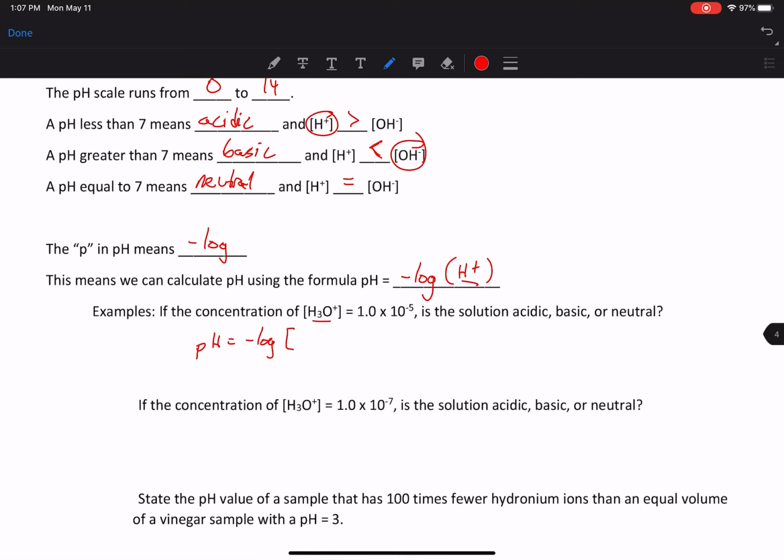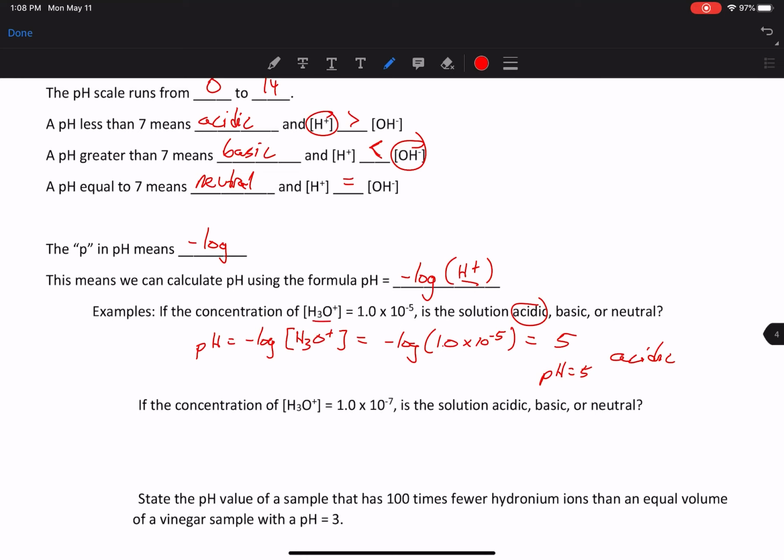So it doesn't matter which one you're plugging in there. So the negative log of H3O plus is going to be negative log of 1 times 10 to the negative fifth. And that's going to be equal to 5. So our pH is equal to 5. This means it's less than 7, and so we have an acidic solution.